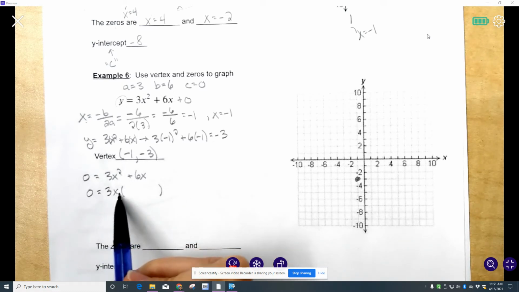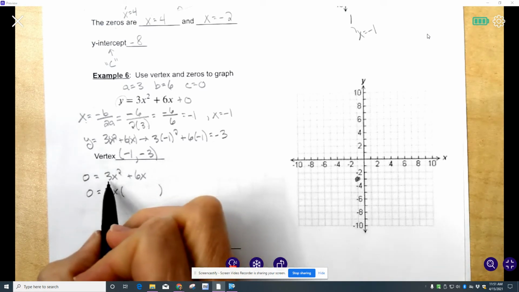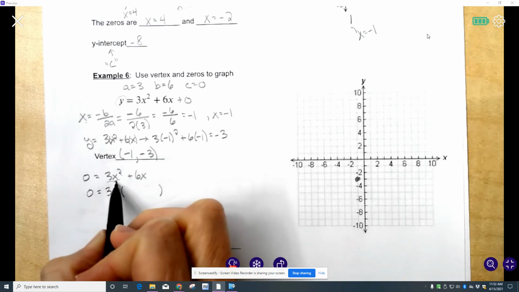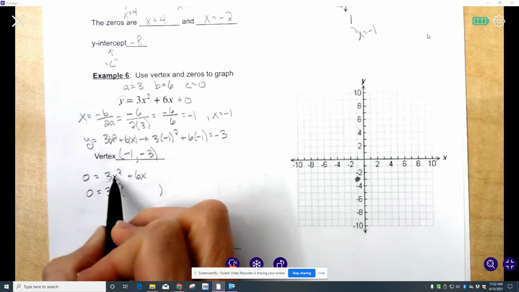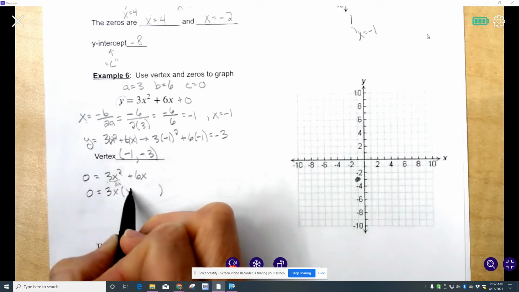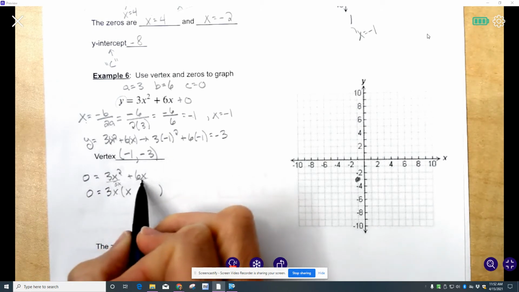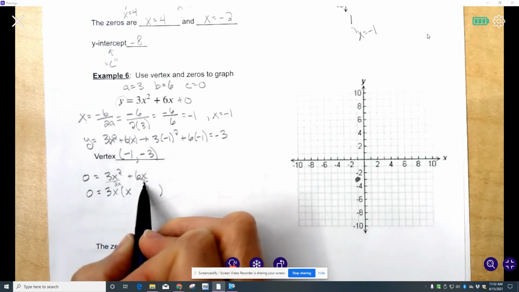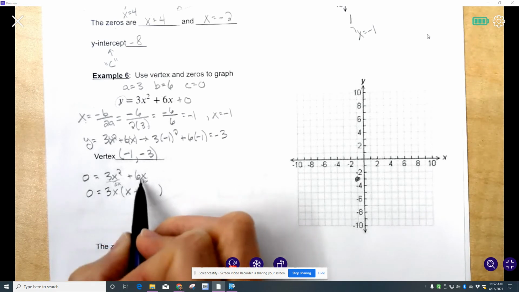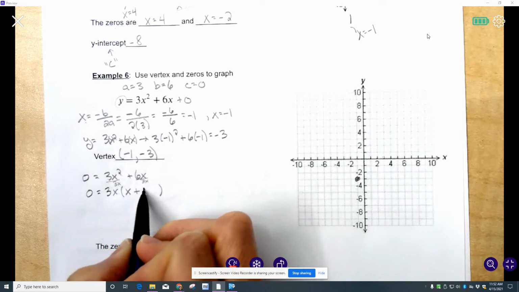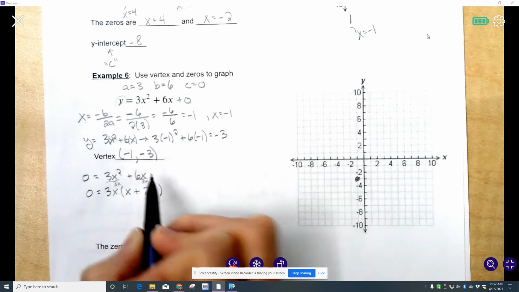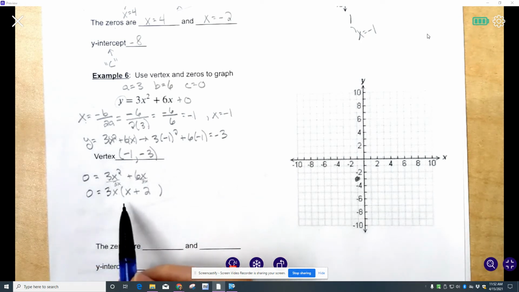Remember, factoring is just the same as dividing. So if I picture dividing this term by 3x, 3 divided by 3 is 1. x squared divided by x is x. If I divide this term by 3x, put the plus in the middle there, 6 divided by 3 is 2. x divided by x is 1. So I get that.